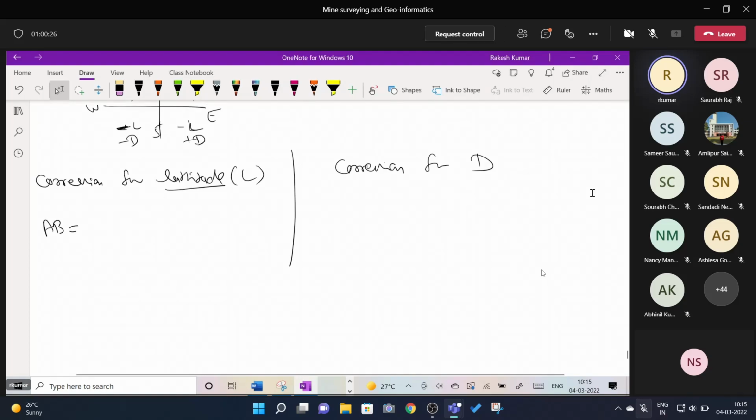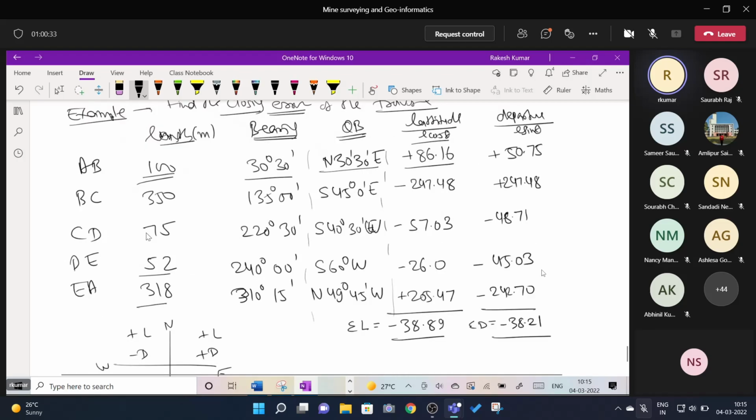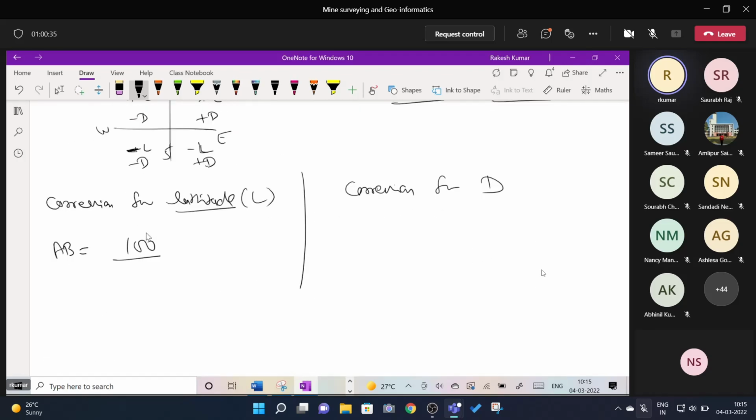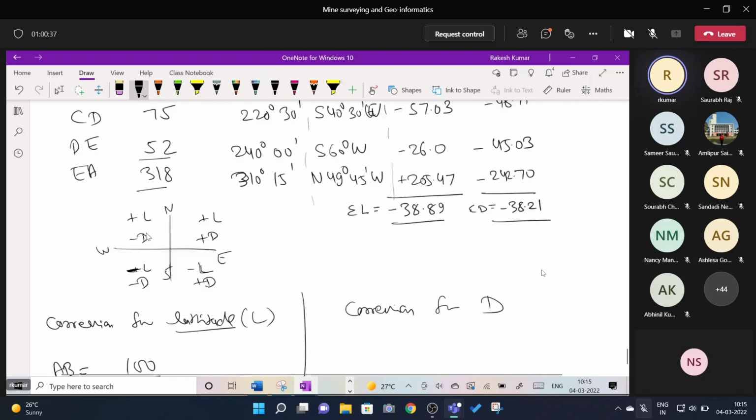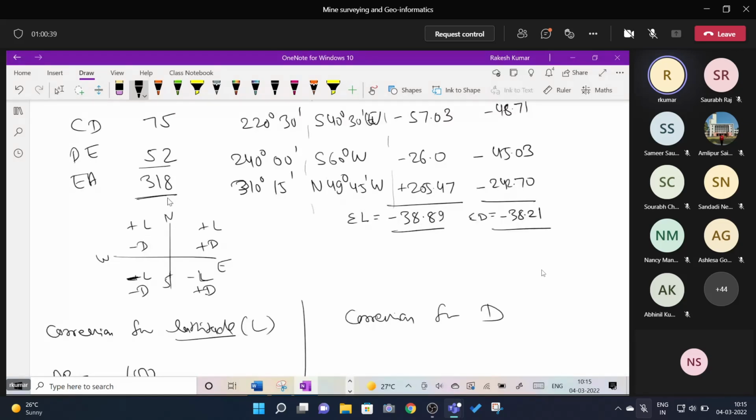Okay, for AB what can I write? 100 is the length of AB, and the perimeter, if I want to know the perimeter of this traverse, if I sum it, will come around 895, the summation of length.